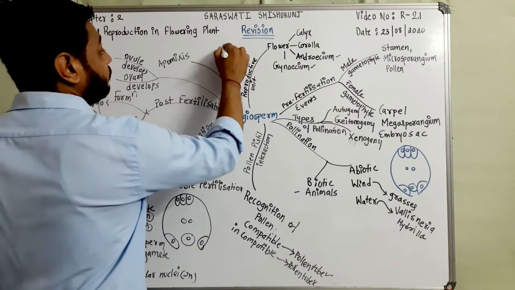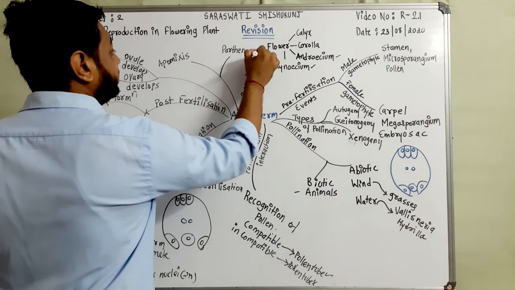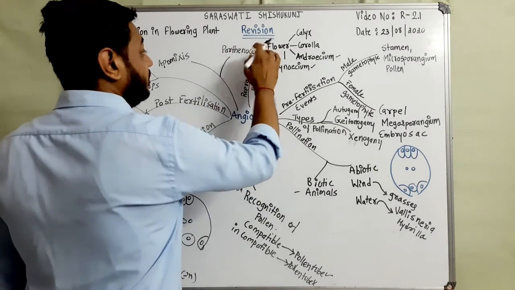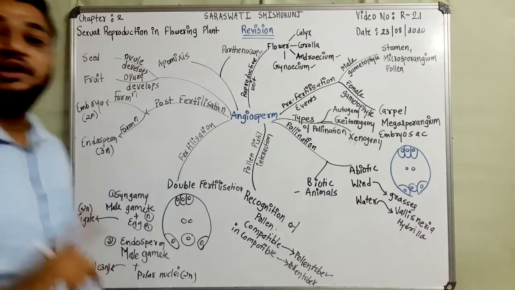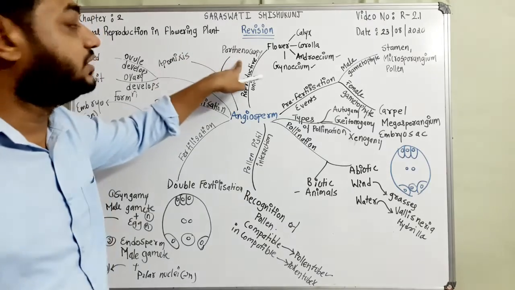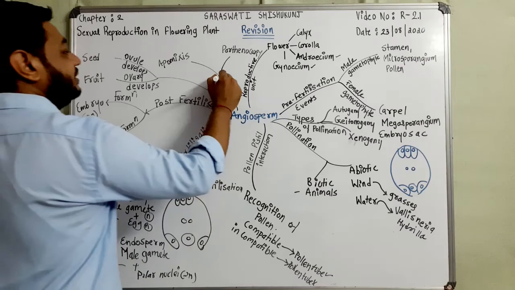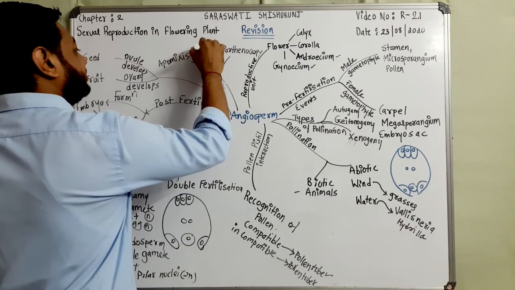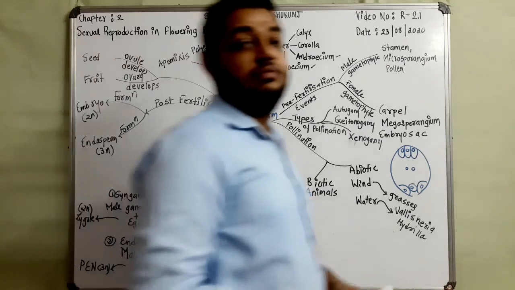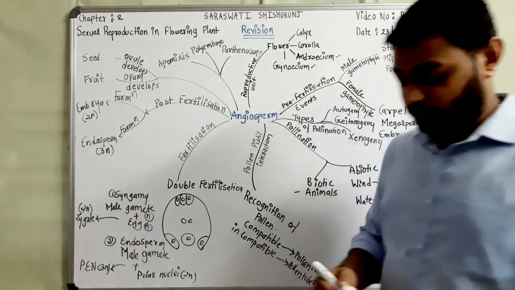When development of fruit occurs without fertilization, it is called parthenocarpy. Over here we are talking about development of seed without fertilization, and over here we are talking about development of fruit without fertilization. The last one is polyembryony, as in citrus. If there is formation of more than one embryo, that is called polyembryony.